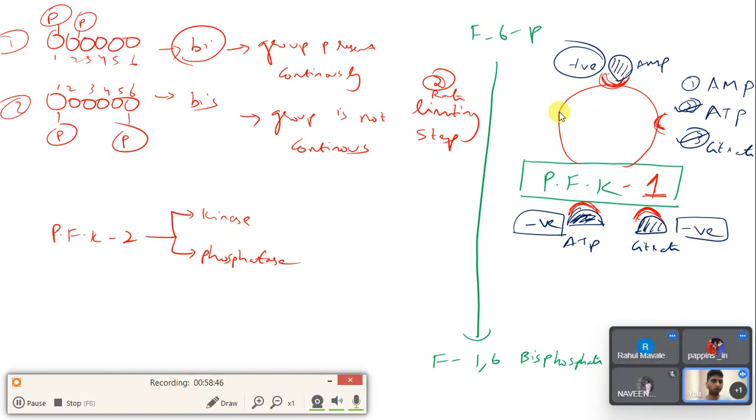There is one more positive regulator of this pathway, I mean this reaction, and the fourth one is fructose 2,6 bisphosphate. Have you guys learned about this? Fructose 2,6 bisphosphate. Have you guys heard about it? So we are here converting to fructose 1,6 bisphosphate that goes down into the cycle. Have you guys heard about fructose 2,6 bisphosphate?